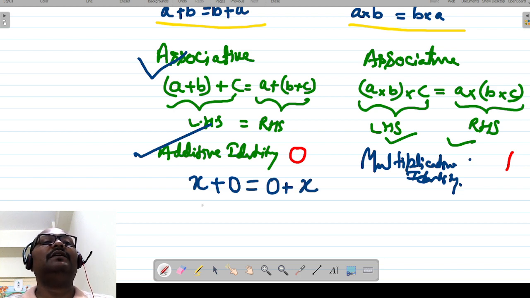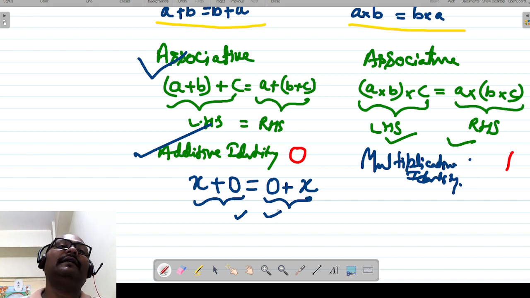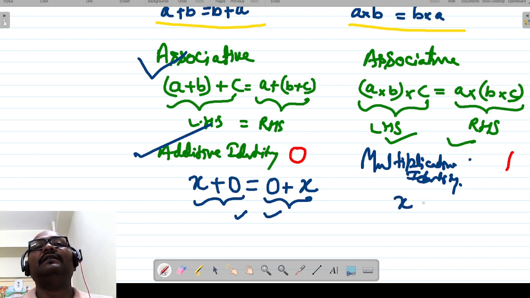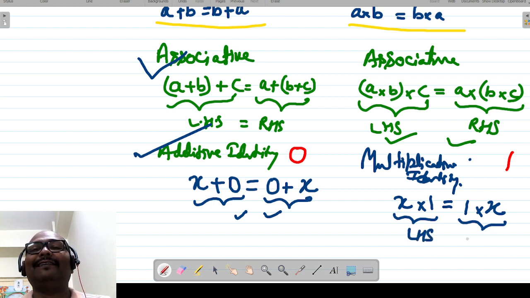So all the literals follow the additive identity. For multiplication, similarly, when that number is multiplied with 1, and we do the same operation in the reverse order, taking the multiplicative identity and multiplying with the given literal, then the LHS and RHS are both equal.